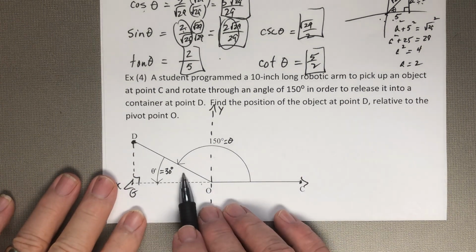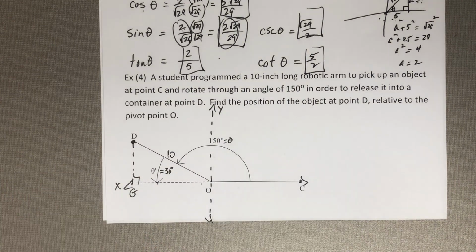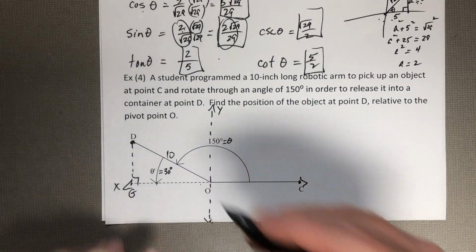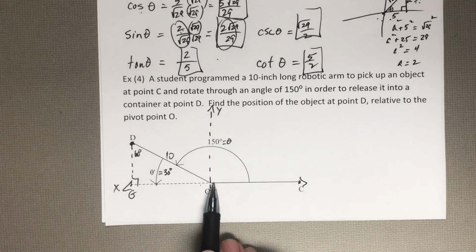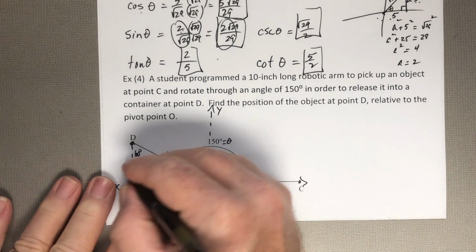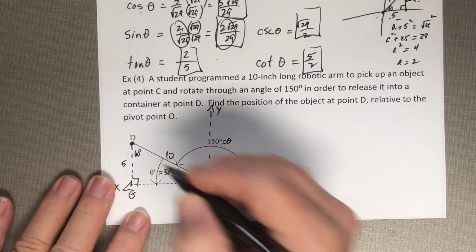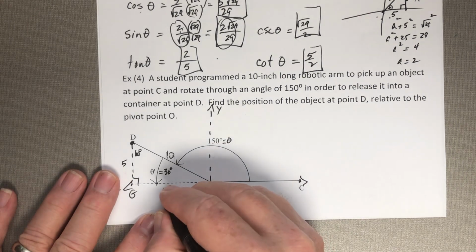What I need to know is, I know the hypotenuse is 10 units long. If you recall from your geometry, in a 30-60 right triangle, the short leg is opposite the 30, and it will be half the length of the hypotenuse. Half of 10 is 5. And the long leg would be the short leg times the square root of 3.